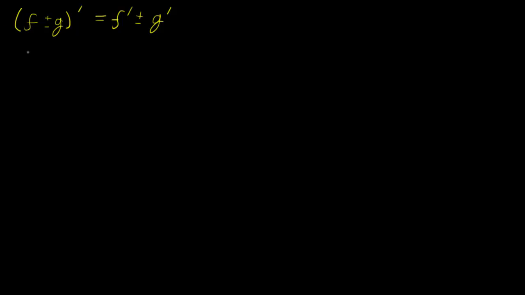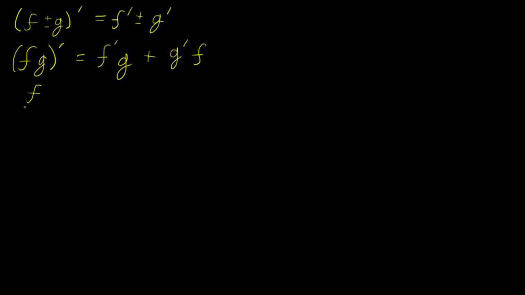The next rule is the product rule. If I have f times g, and I want the derivative of that, then that is f prime times g plus g prime times f.